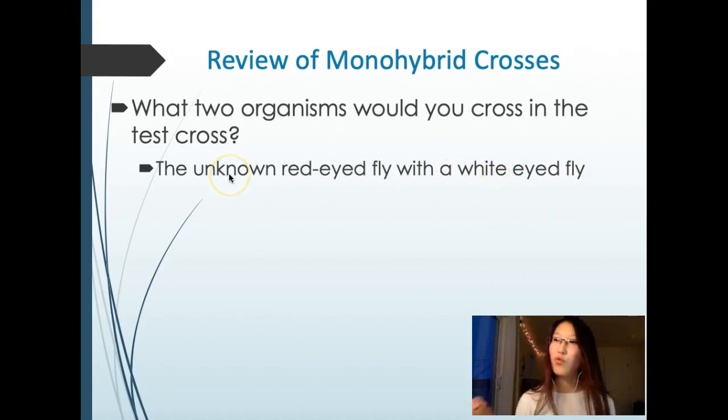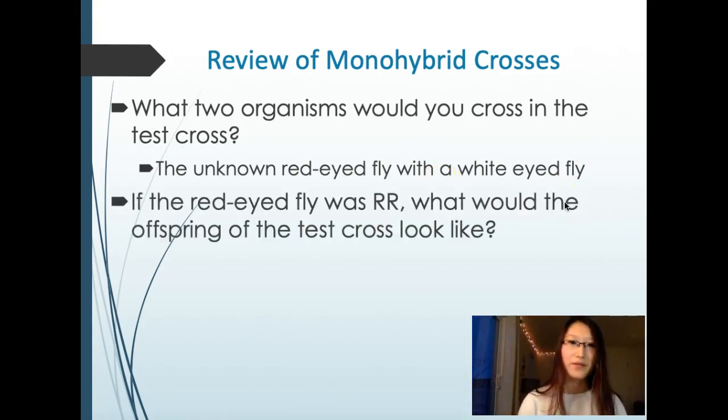You have this question in your head: we have this red-eyed fly. Is it big R, big R? Is it big R, little r? You purposefully cross this unknown genotype for a dominant phenotype with a homozygous recessive individual, the white-eyed fly, little r, little r.